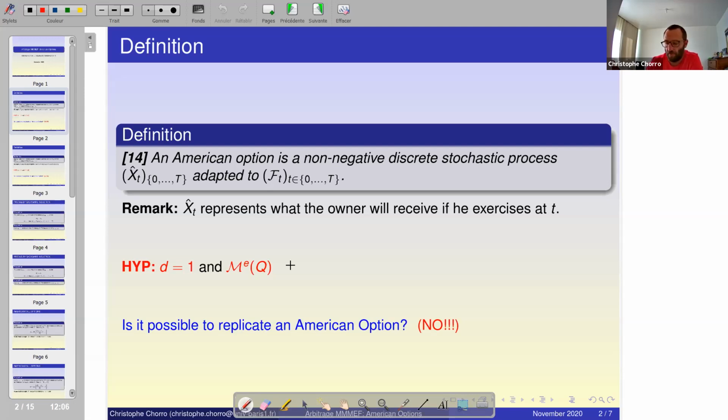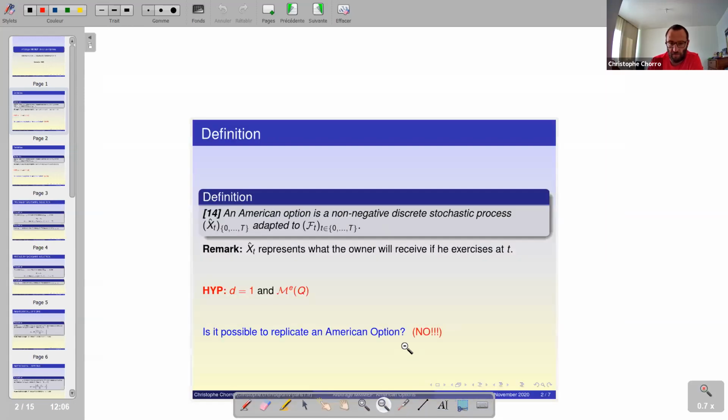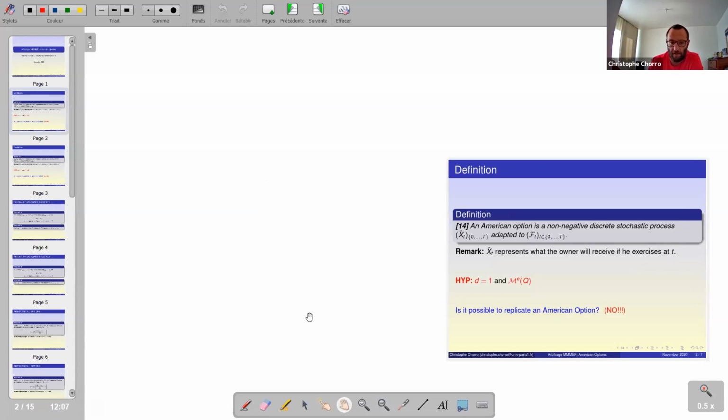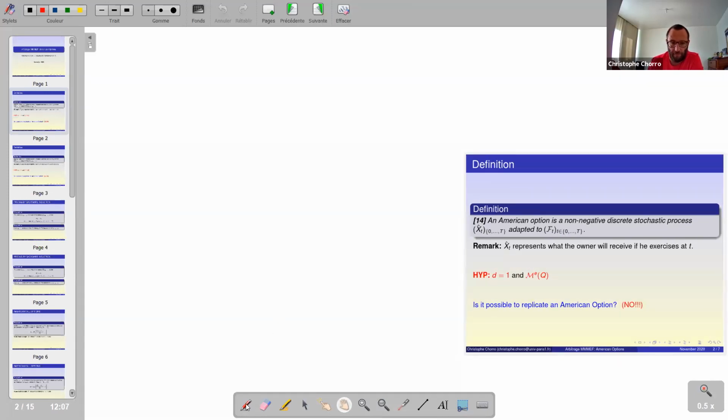Just a remark before starting with the definition of what is an American option and what is the difference with the things that we used to work with for the moment. Previously, we have defined what was a contingent claim.